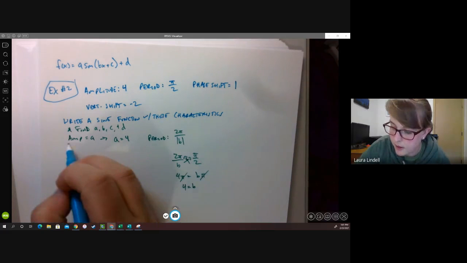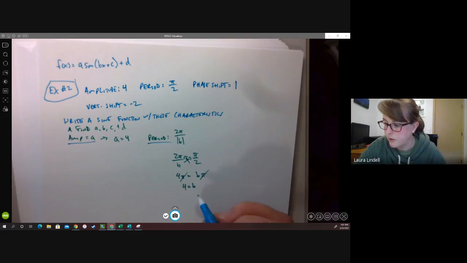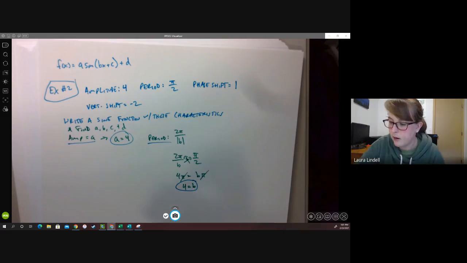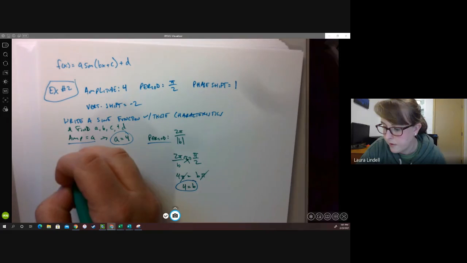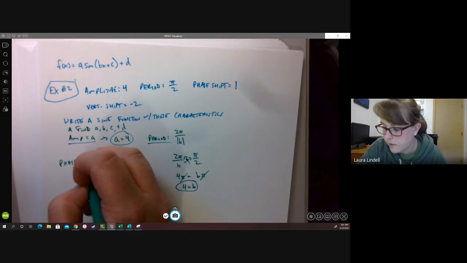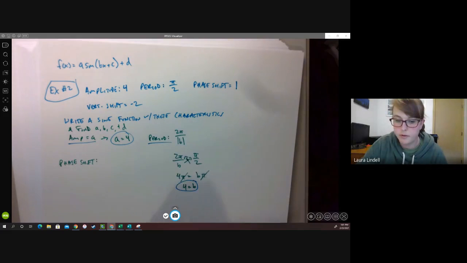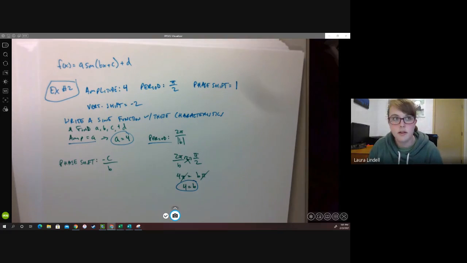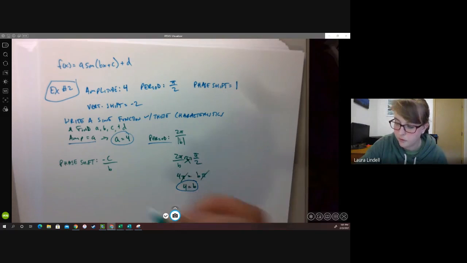So we've got the amplitude dealt with, we have the period dealt with, we know what A and B are. Now we need phase shift. We know that phase shift is negative C over B. And in this case, B is 4.